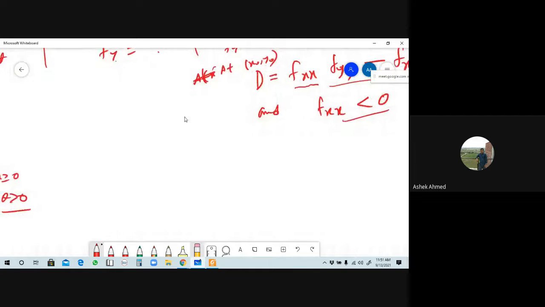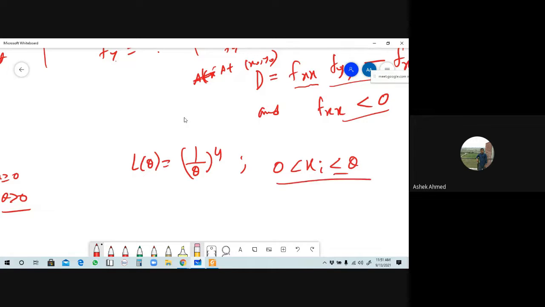L of theta is 1 by theta whole to the power 4, given 0 is less than xi is less than theta, otherwise it is 0.